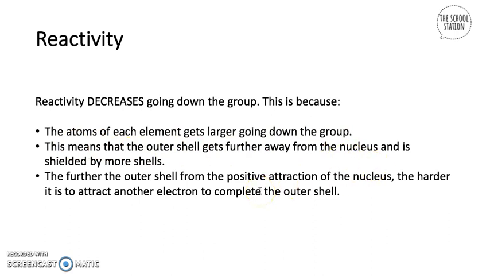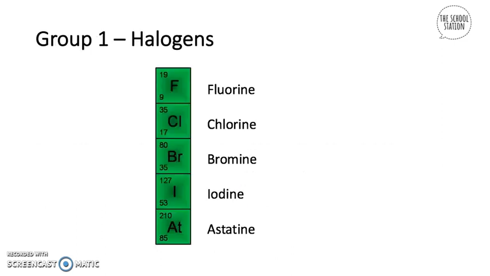In fluorine, the outer shell is closer to the nucleus of the atom, while in astatine, since there are many more shells, the electrons in the outer shell are farther away from the nucleus.